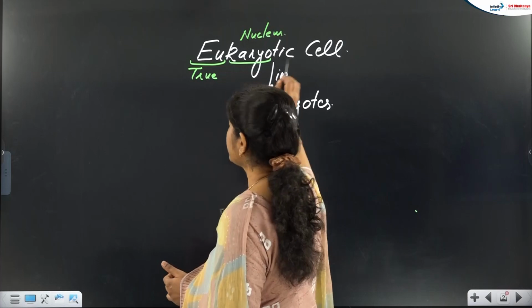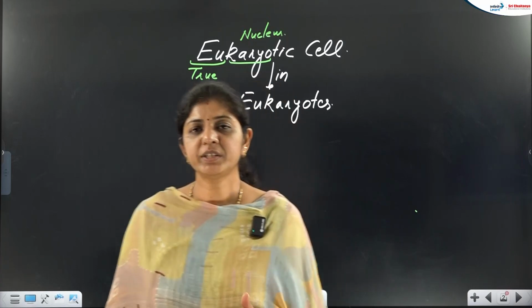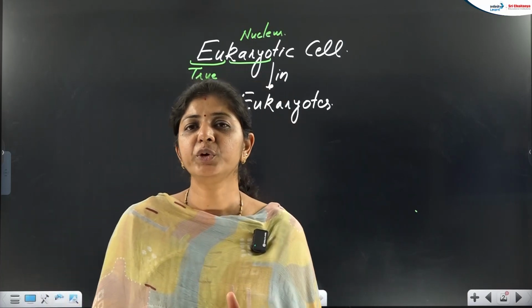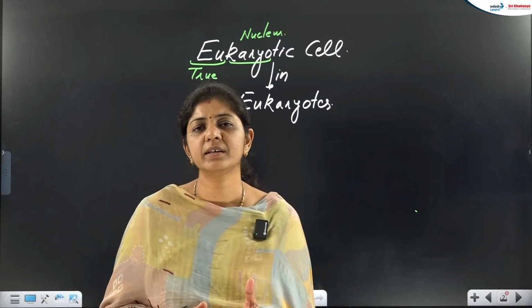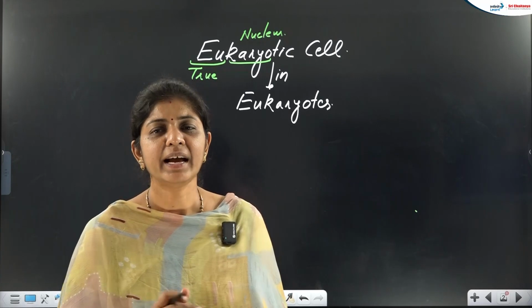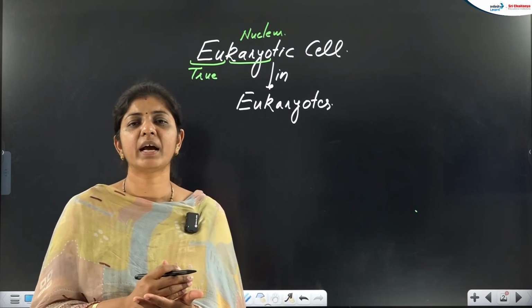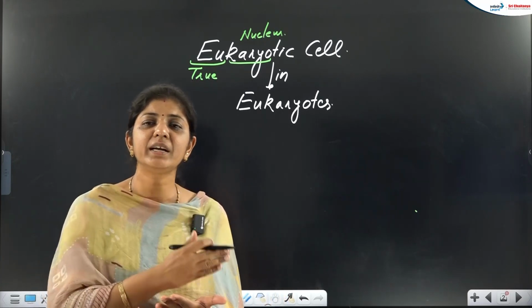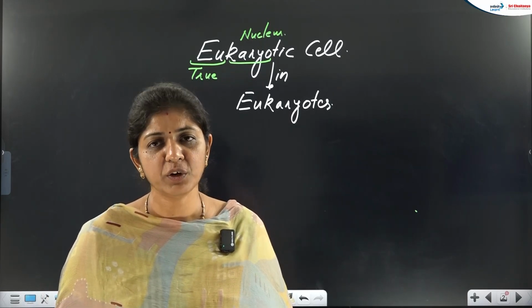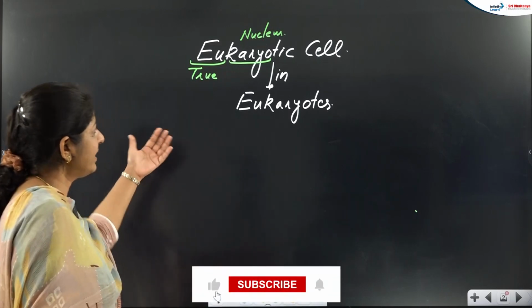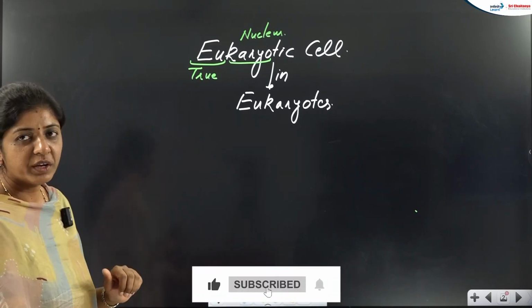Means eukaryotic cell is that cell which contains a well-defined nucleus, means genetic material is enclosed inside the nuclear envelope. That type of cell you call eukaryotic cell, which contains the eukaryon, or you can say eukaryotic nucleus. Now that is present in case of eukaryotes.